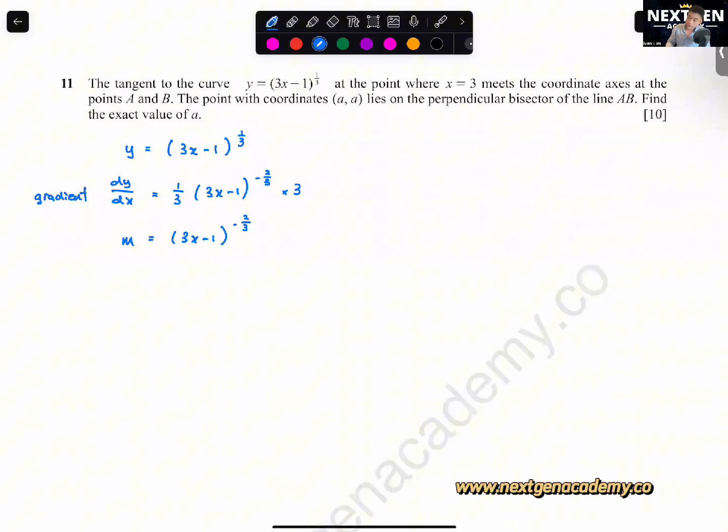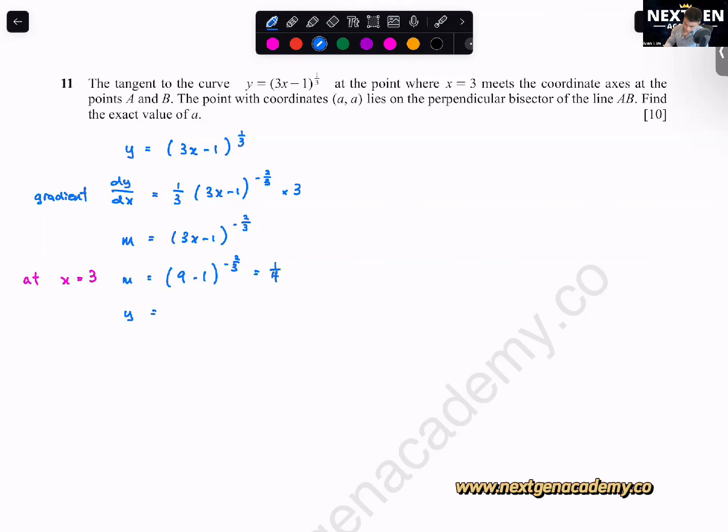Okay, they want to find where x equals 3. Okay, so at x equals 3, my m value is (9 minus 1) to the power of negative 2 over 3, which equals 1 over 4. Okay, then I want to find what is my y. Hey, wait, did they give me y? I need to find what's my y value.